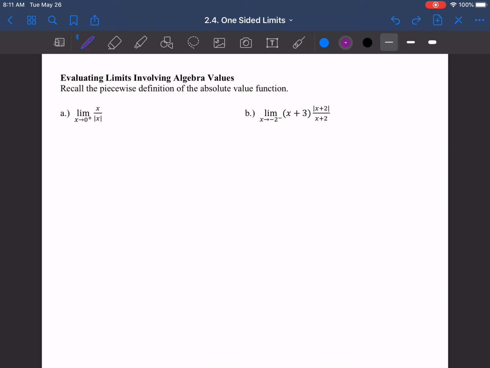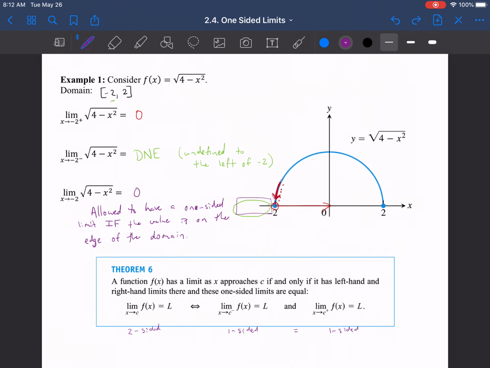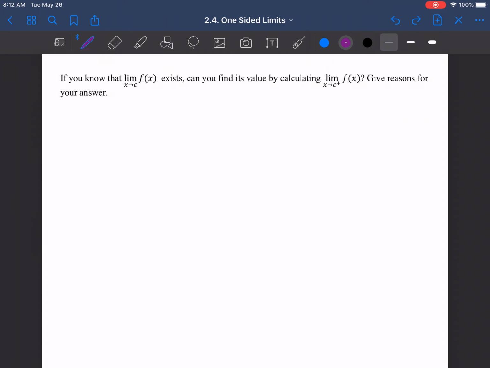Next, we're evaluating limits that involve algebraic values. So if we look here, we want the limit as x goes to 0 from the plus side of x over |x|. That function is something we actually saw right back here. As x goes to 0 from the plus side, we can redraw that over here.